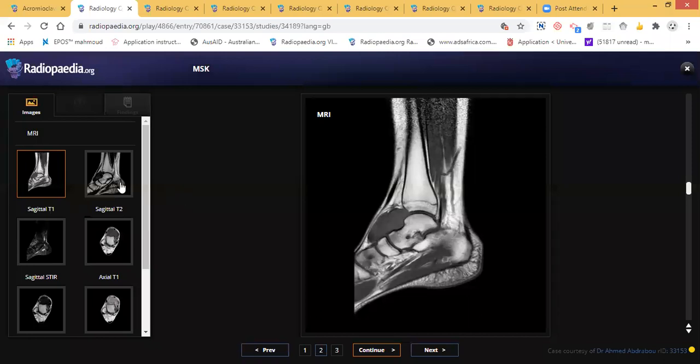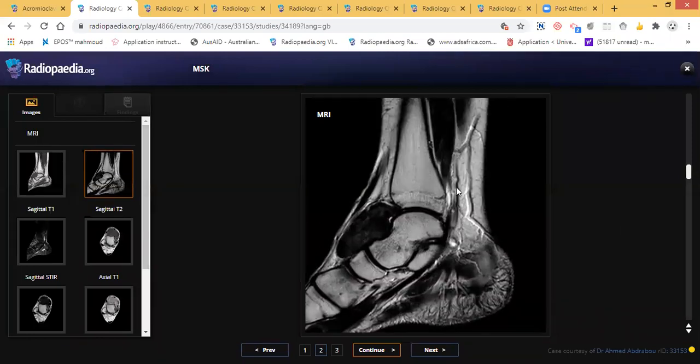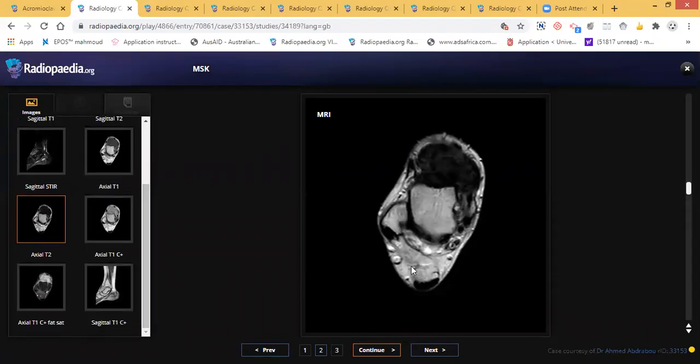This one is a very nice case that can come to you. They like it in the exam so much, and this image is the key. When you see this appearance, I suggest you go to the gradient echo. If it's a long case, go to the gradient and you see this black or blooming artifact.